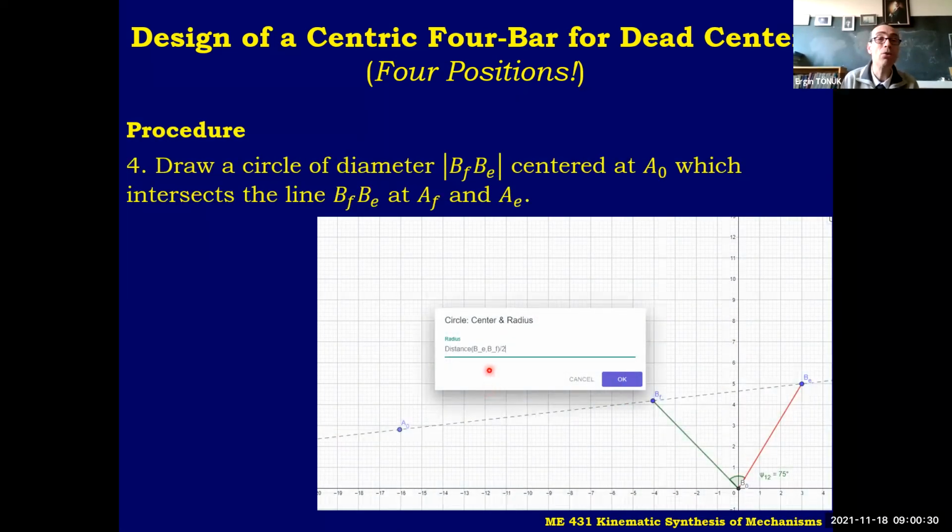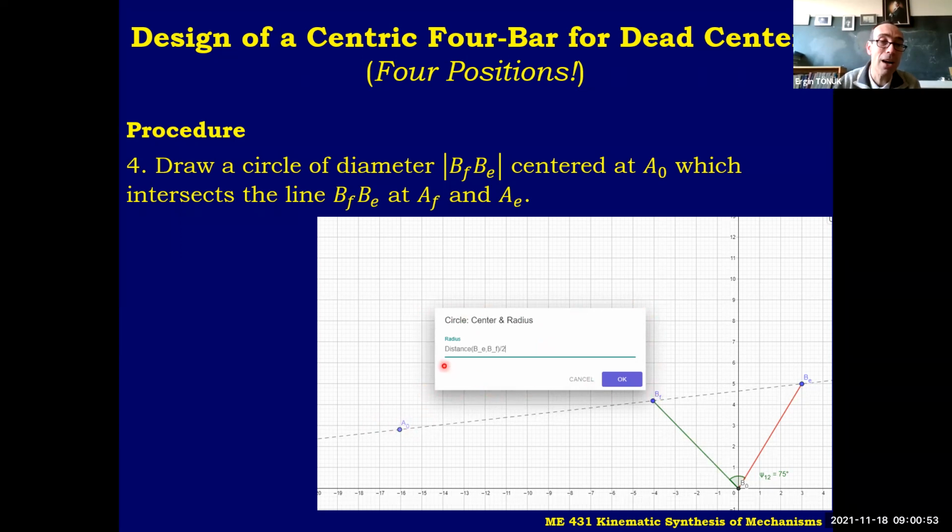You have an option in GeoGebra which says draw a circle with center and radius. It's not asking the diameter, but the radius, okay? Circle, center, radius. So for the center, I click this. And for the radius, you have a window like this.